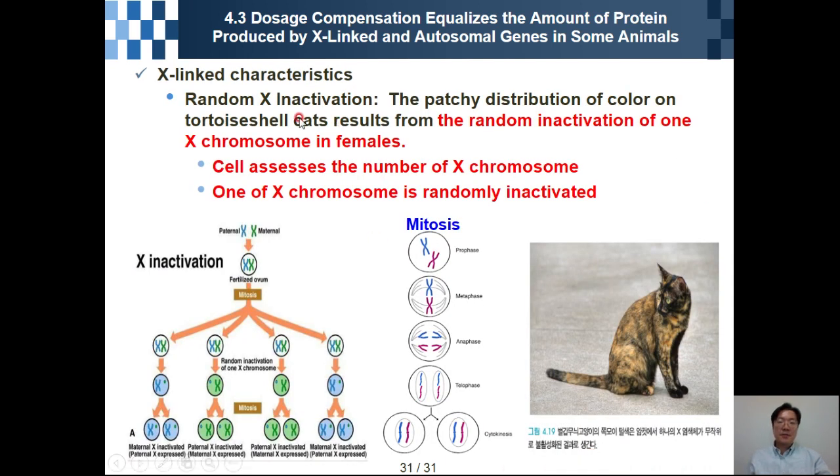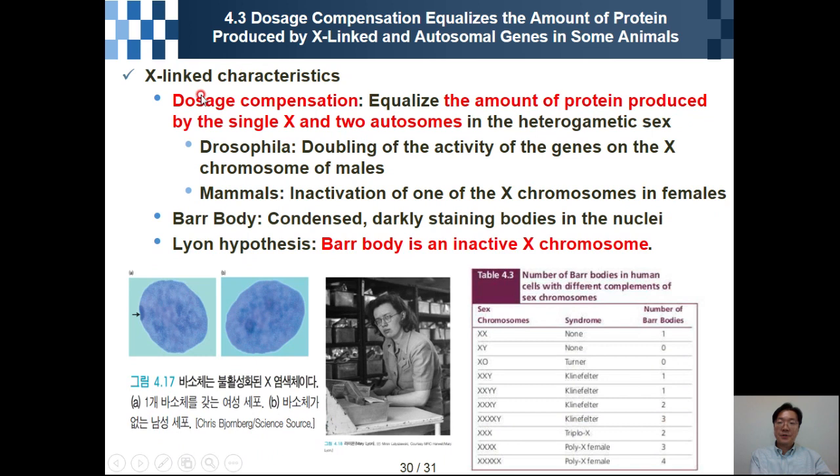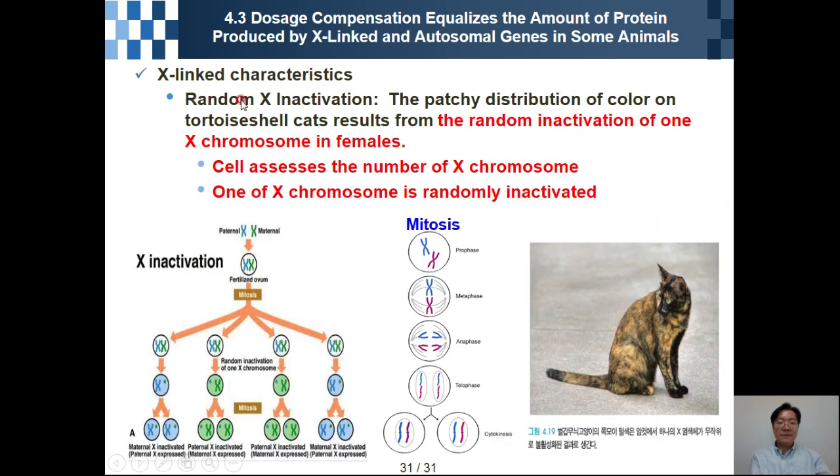In this slide, we will also learn about dosage compensation. One of the X chromosomes is randomly inactivated. This is a cat, called a tortoiseshell cat.